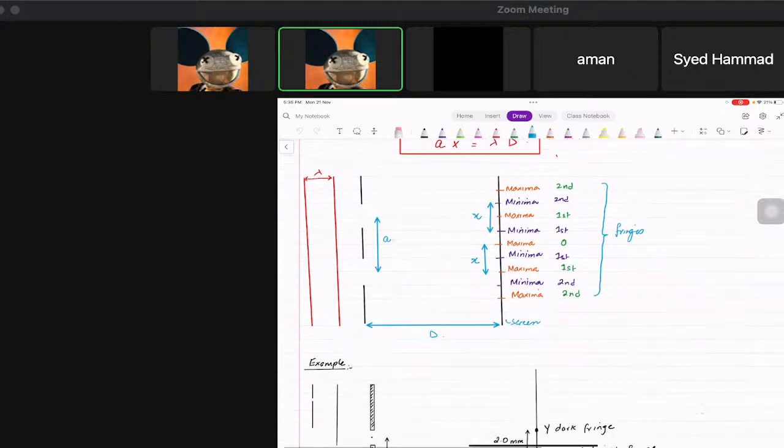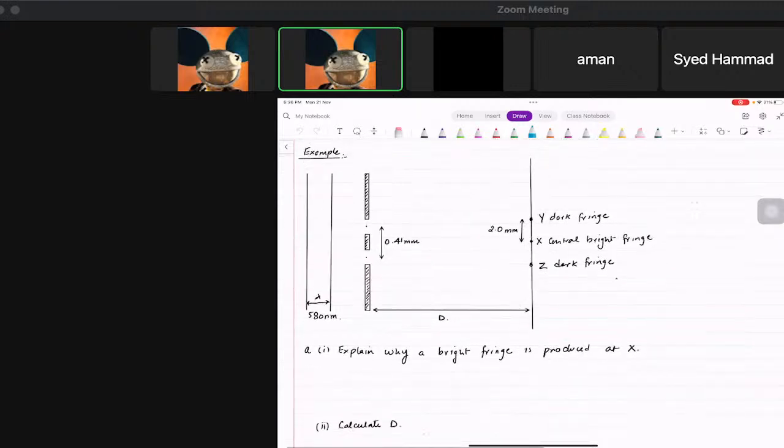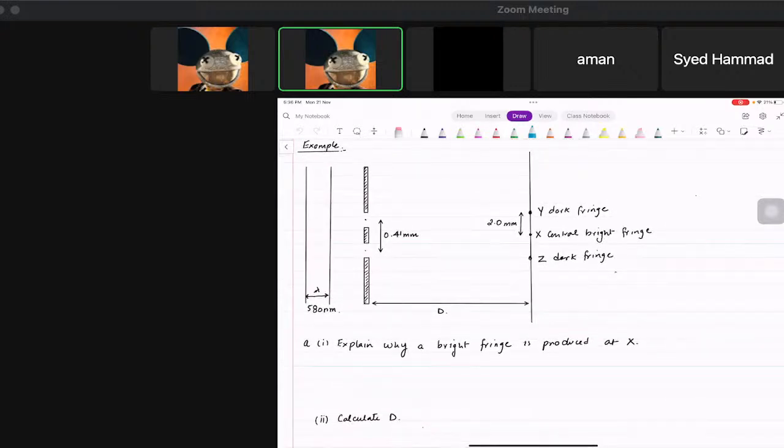Now suppose we have this question where they give this diagram and ask why a bright fringe is produced at x. You know that this is a double slit, as you can see from the diagram.